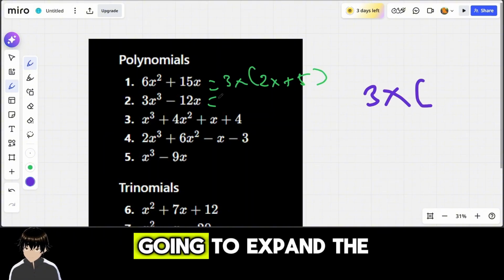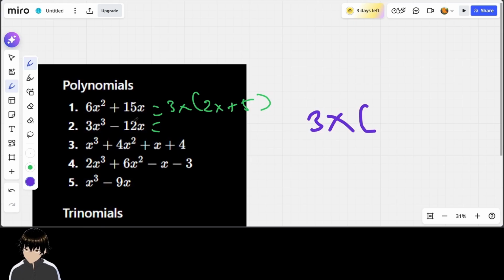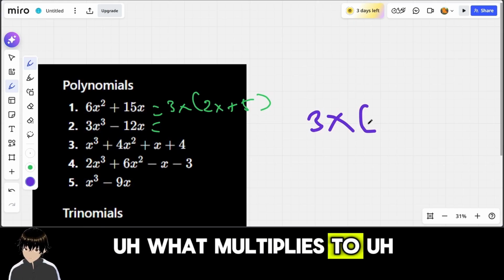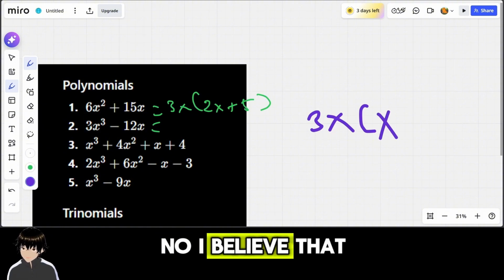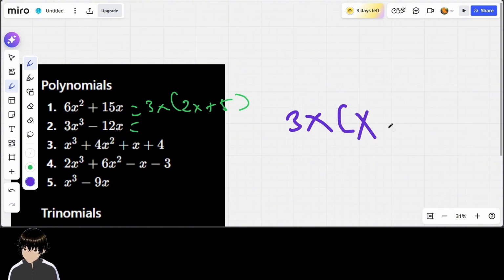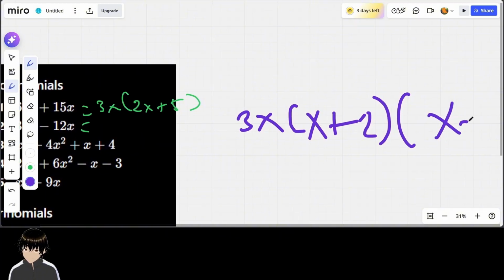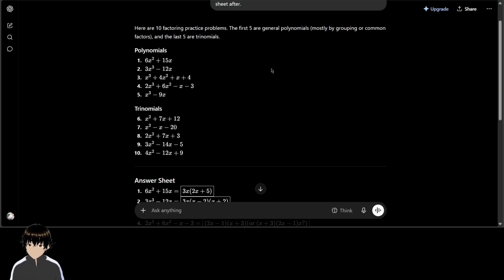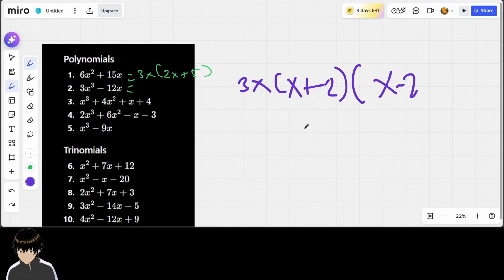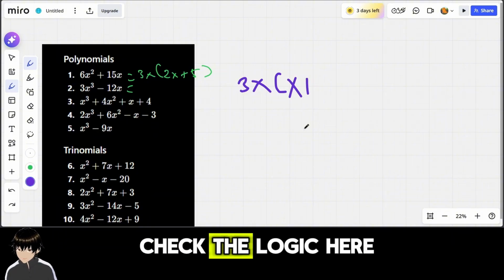So I'm going to expand the factor like this. So let me just check the logic here.